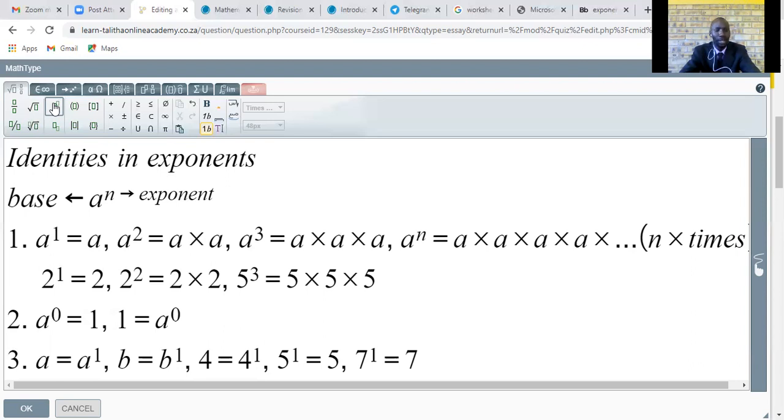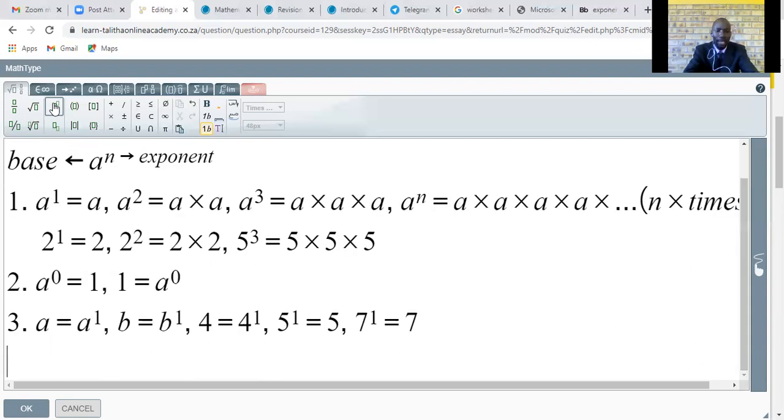Well, what's the next identity that we are supposed to be looking at? The next identity, number 4, comes with a power which is negative.